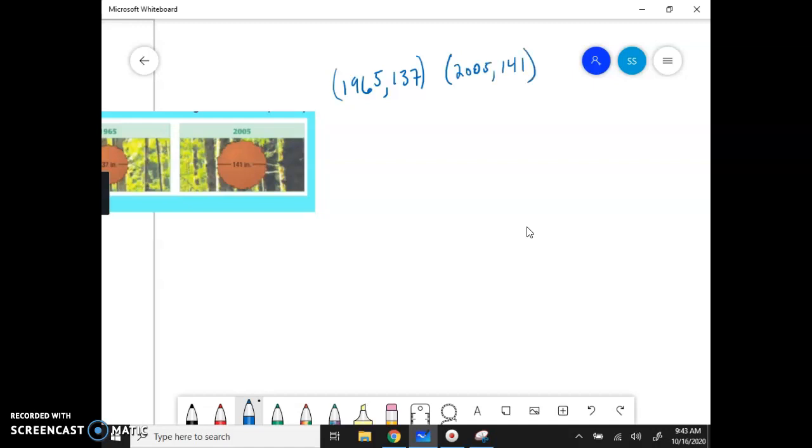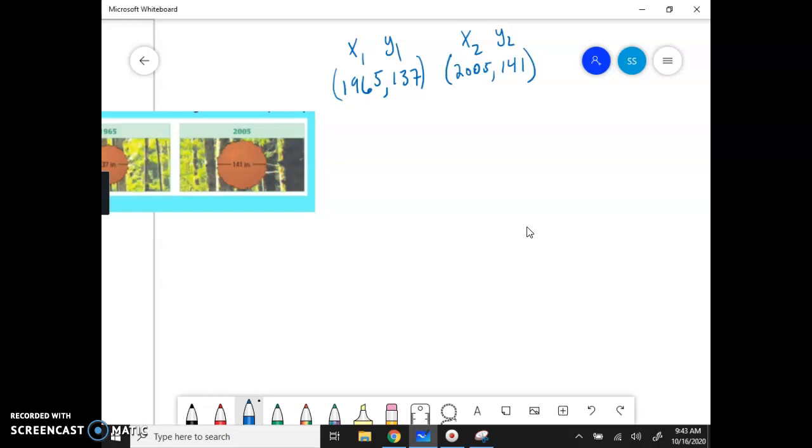What we need to do is find this rate of change, which is just looking at the slope. So we're going to say x1, y1, x2, y2.